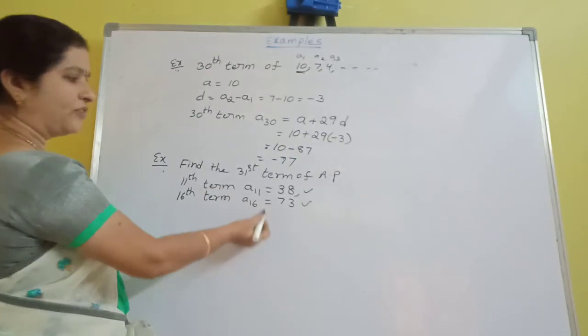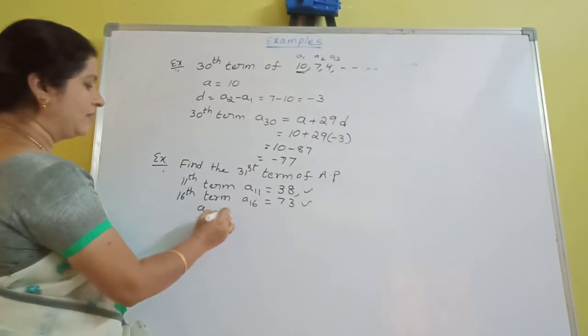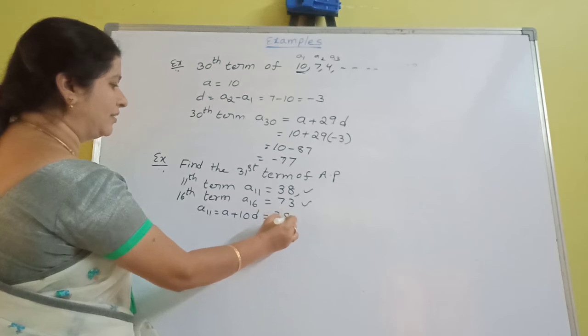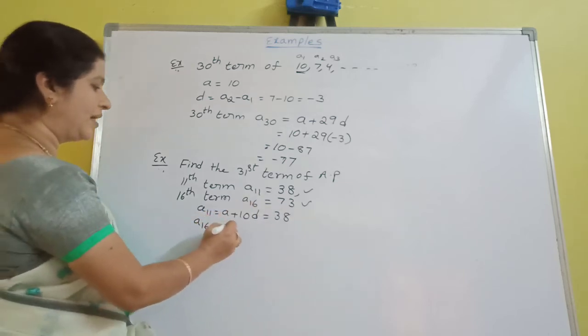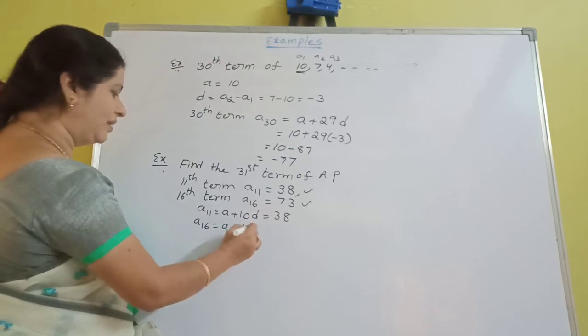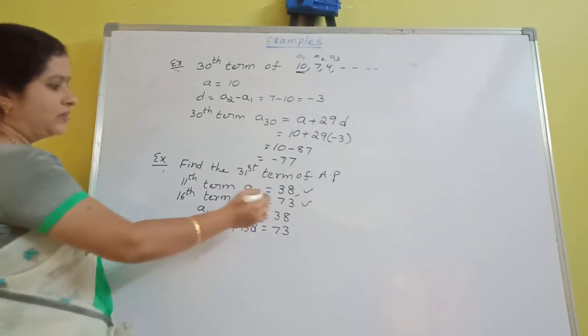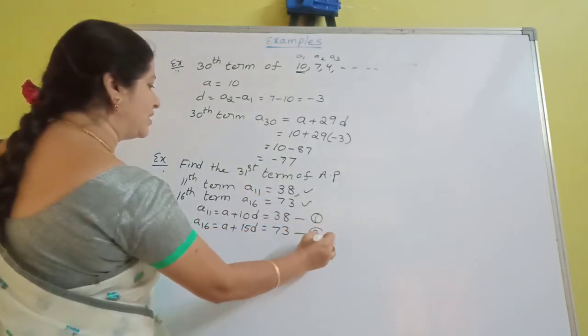So first apply the formulas for these two conditions. What is the formula for A11? A plus 10D. So it is equal to 38. What is the next term? A16, formula A plus 15D. So it is given 73. Let this be equation 1 and this be equation 2.